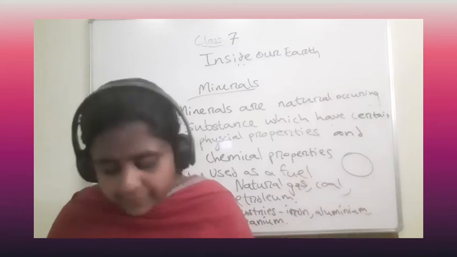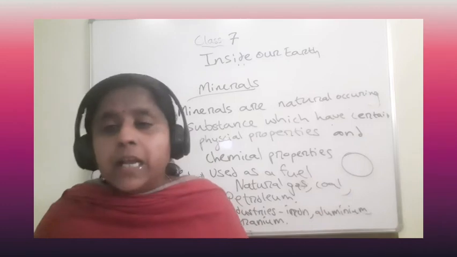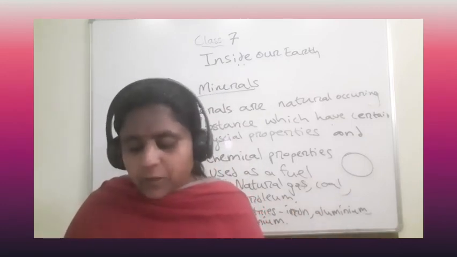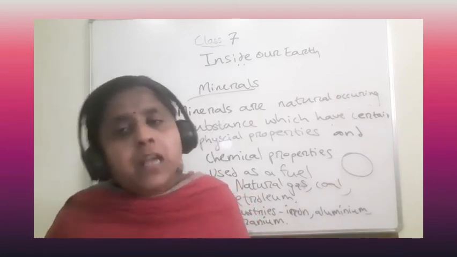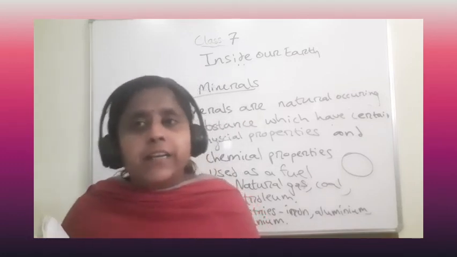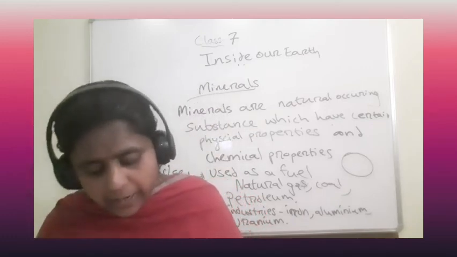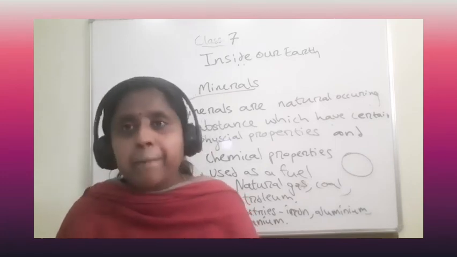Example is basalt. And when it happens inside the earth crust, sometimes the hot magma cools down deep inside the earth. It is called intrusive igneous rock. Example, granite.